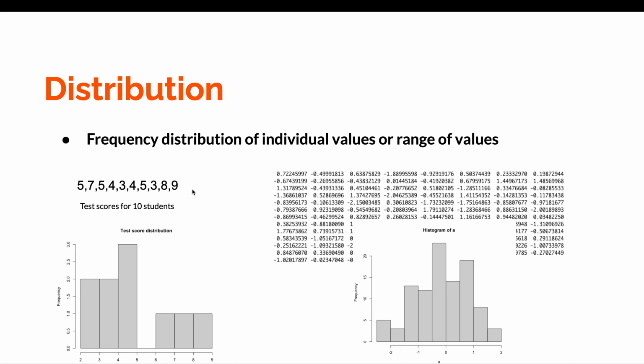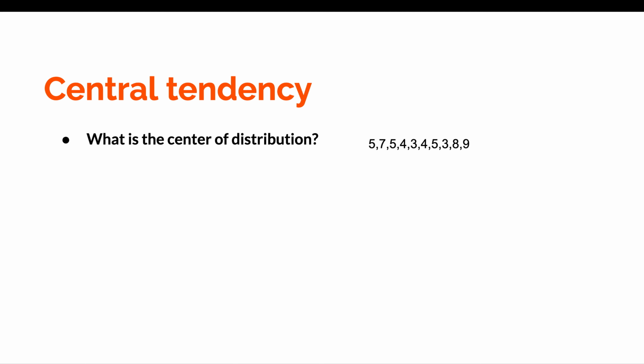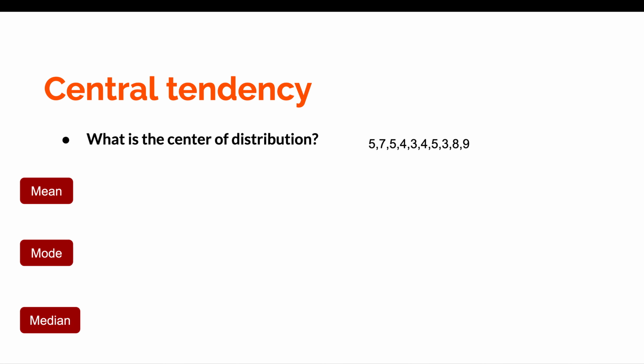Okay, now let's move to the next point, central tendency. When we have a data distribution, we want to find out what the center of the data is. There are multiple ways, and in statistics it can be computed by mean, mode, or median. I'm going to show you the difference between each of them.